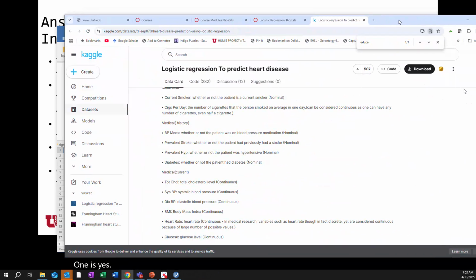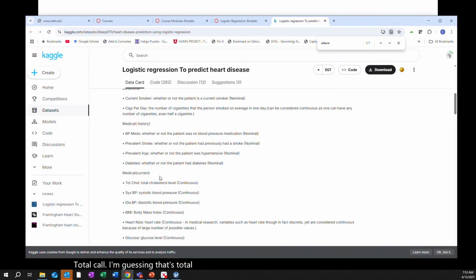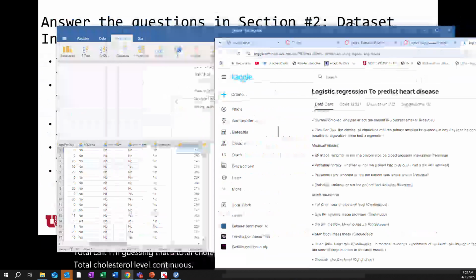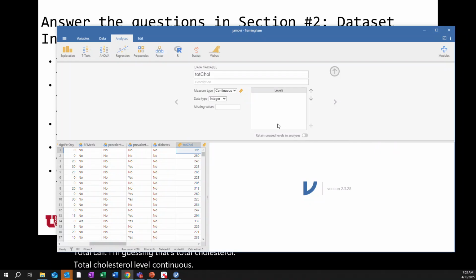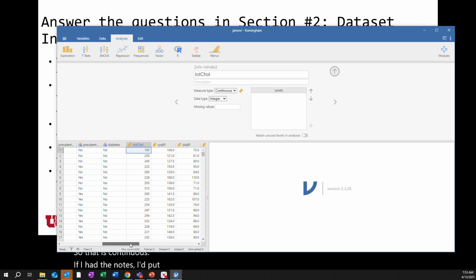Total call, I'm guessing that's total cholesterol. Total cholesterol level, continuous. So that is continuous. If I had the notes, I'd put the units in there. Systolic blood pressure, that one's continuous with decimal places. That's set correctly.